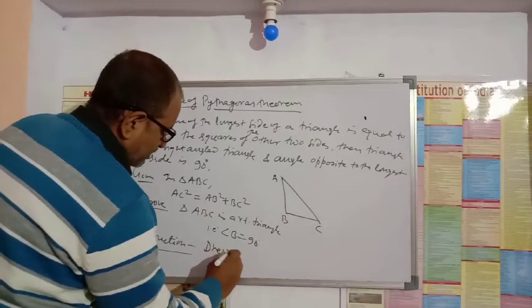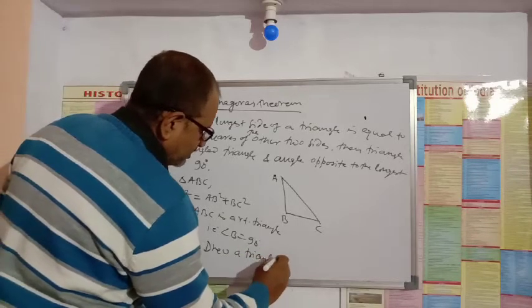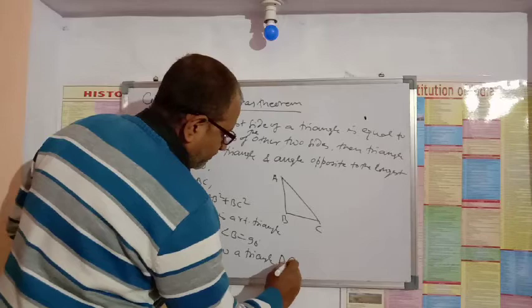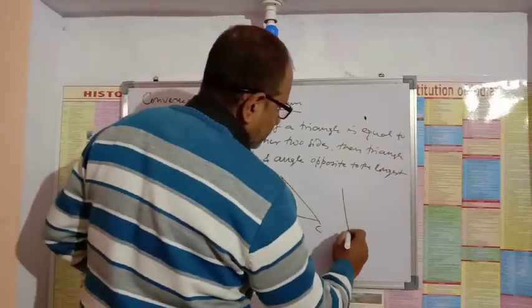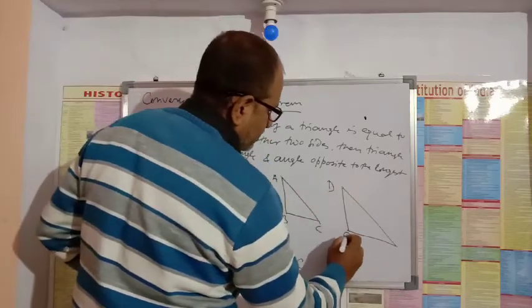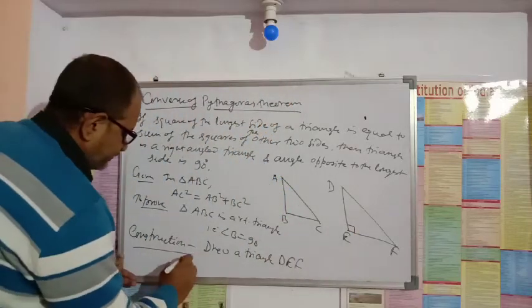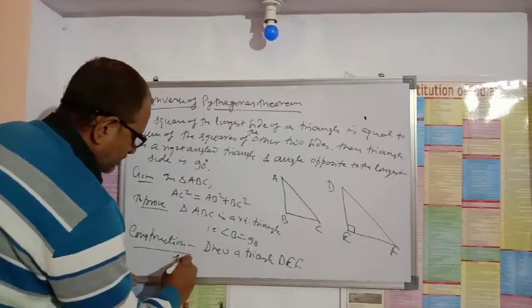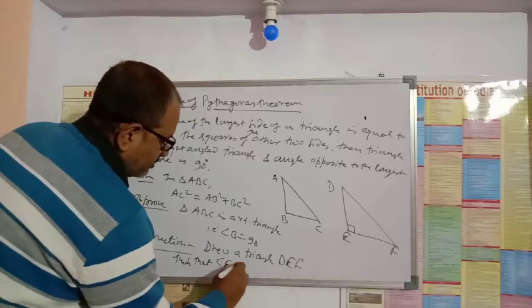Drew a triangle DEF such that angle E is equal to 90 degrees.